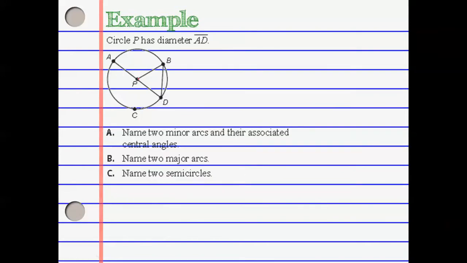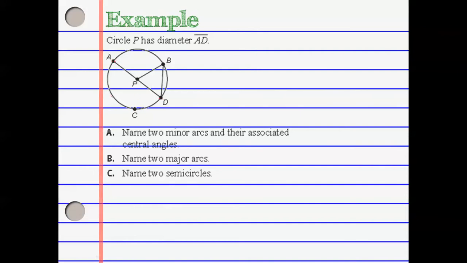Okay, so here it says circle P has diameter AD. We want to name two minor arcs and their associated central angles. Remember, minor arcs are less than a semicircle. The semicircle is made up of the endpoints of the diameter, which is AD, so we're looking for something smaller than AD, with associated central angles. Here we could say that AC is a minor arc, but since we don't have any lines connecting, we don't have a central angle.